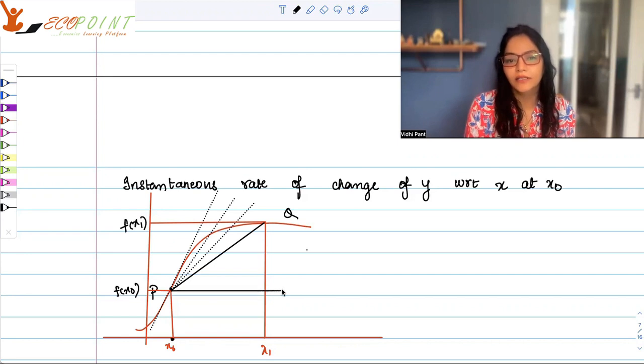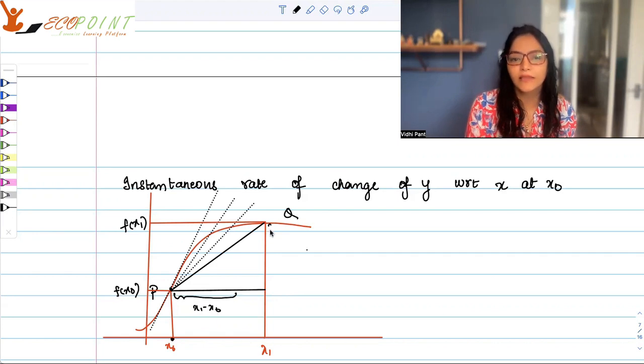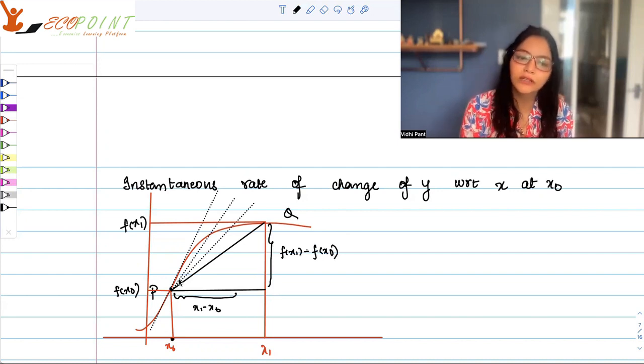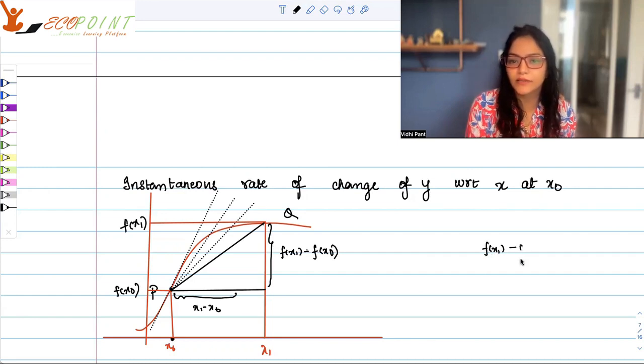Then clearly this horizontal length is x1 minus x0, and this vertical length is f(x1) minus f(x0). So clearly the slope of PQ is perpendicular upon the base, which is (f(x1) minus f(x0)) upon (x1 minus x0).